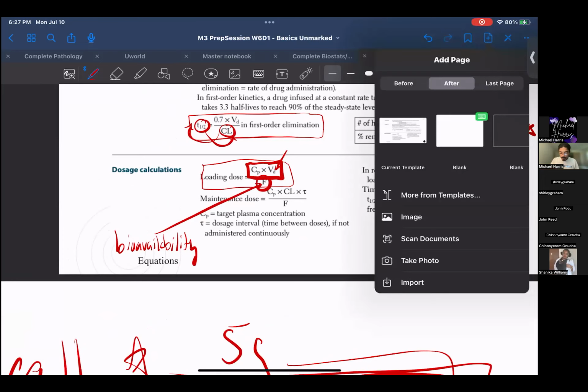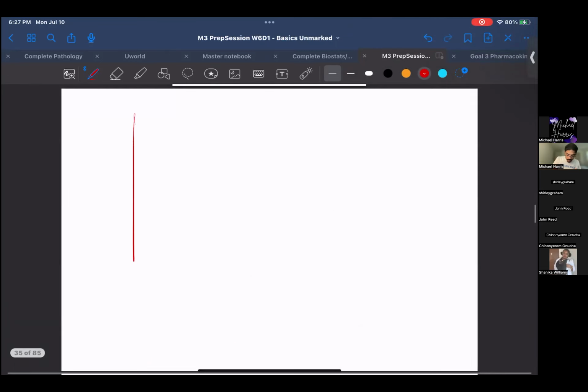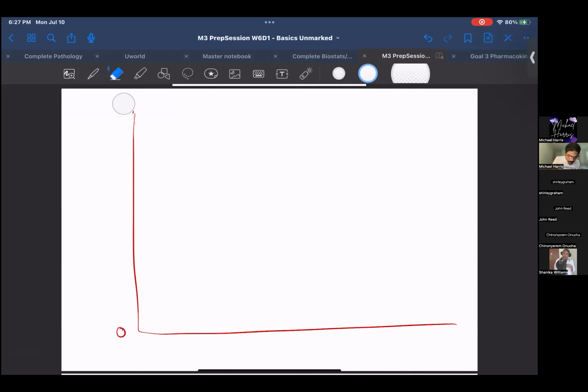Now, let's talk about maintenance dose. So here's the graph. Let's say this is 100%. This is 0. When you take a drug, you first reach 100% of the drug.